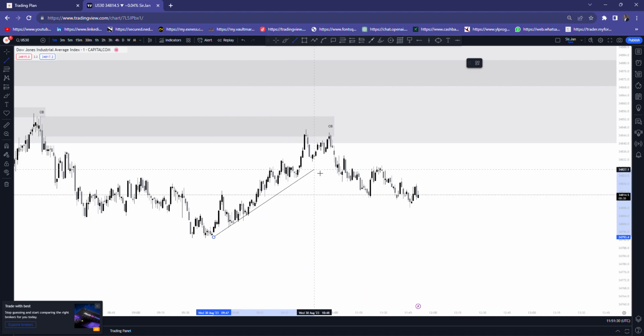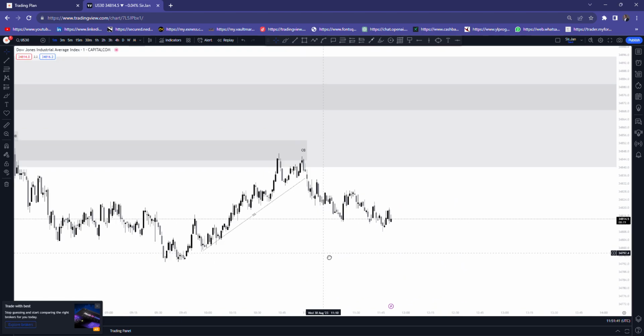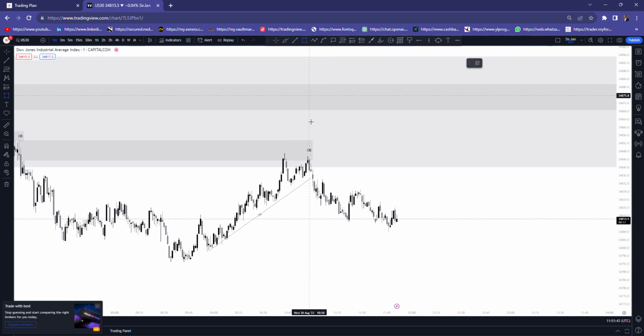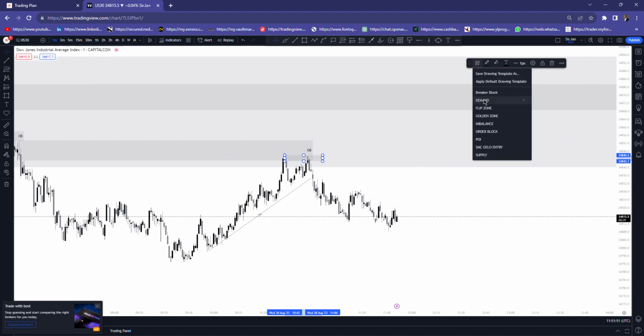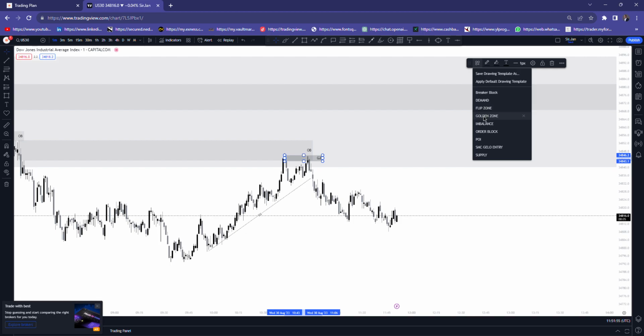We have trendline liquidity that needs to be swept. And then this zone here, it was triggered here. Say other block. Okay, what did I say? GZ golden zone.